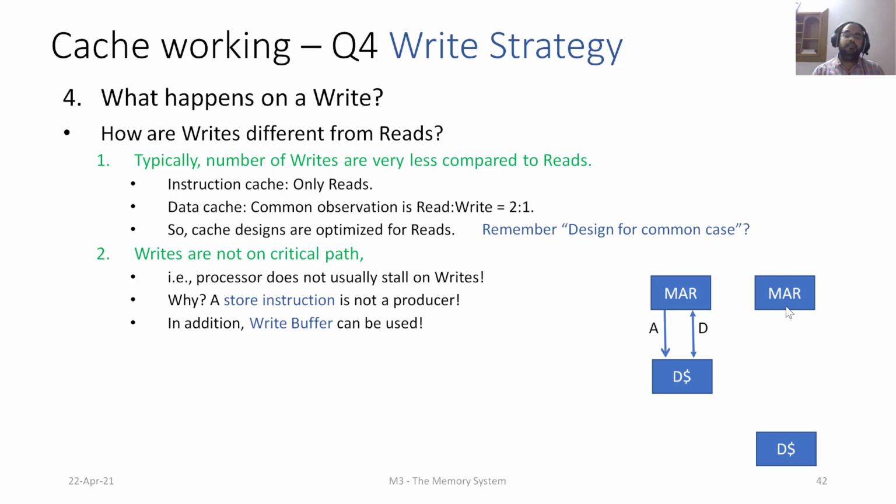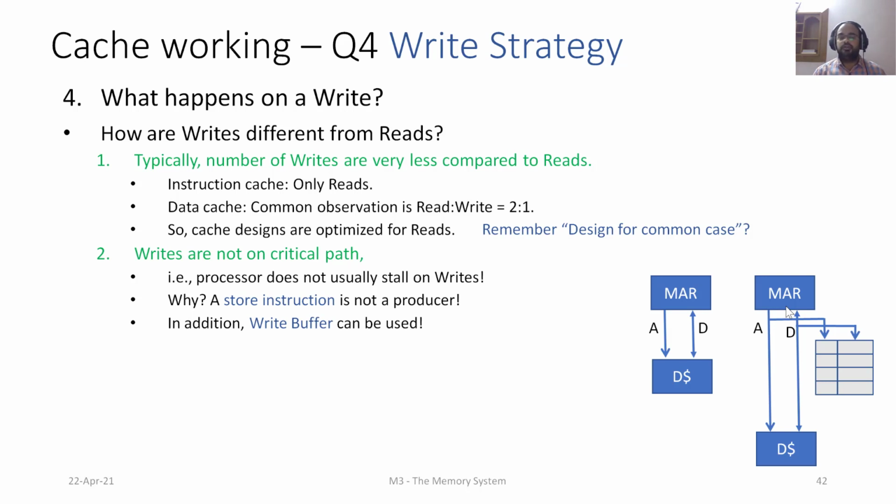When we employ a write buffer, the situation is slightly different in the sense that we do not have a direct path here. For the loads, we still use the direct path where the data cache gets an address and it replies with the data. But for stores, we can employ some additional small storage, probably 4 or 8 or 16 in capacity. It will have the address and the data that needs to be written.